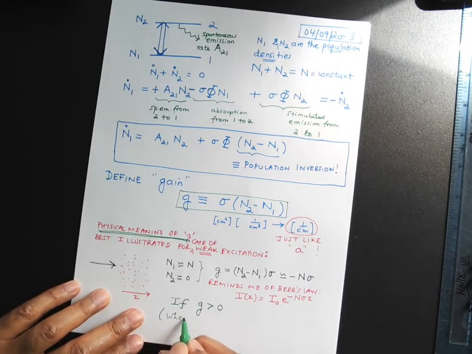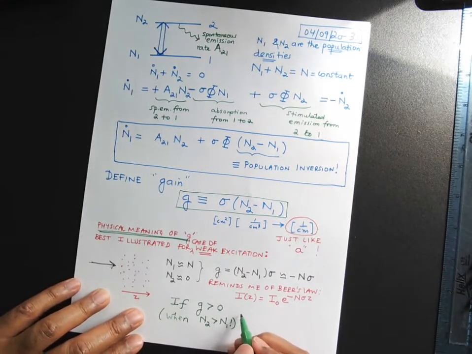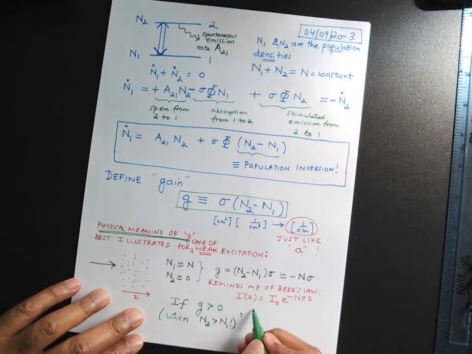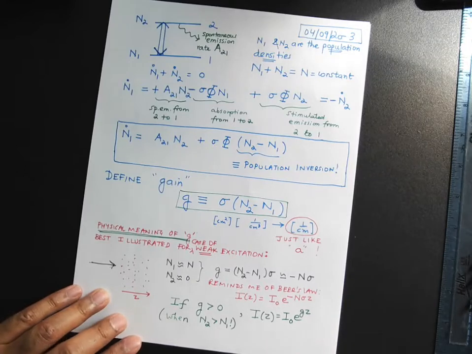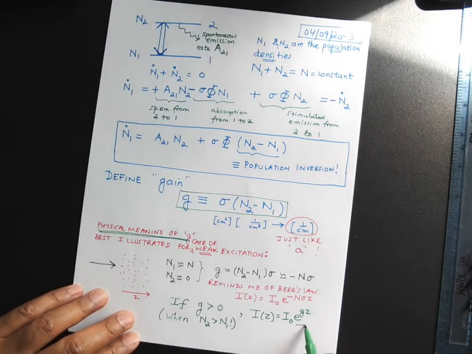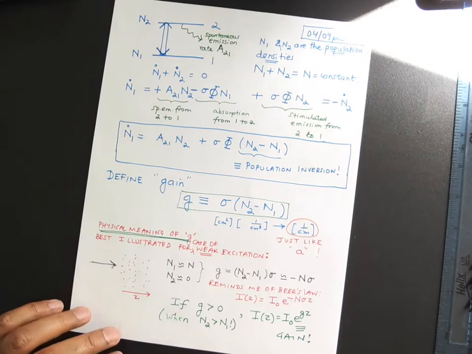When there is a population inversion, N2 is greater than N1. But if G is greater than 0, then Beer's law becomes intensity at Z equals I naught e to the GZ, where G is positive. You see? So now there is gain. This is where you actually have gain. And your intensity exponentially grows because of lasing.